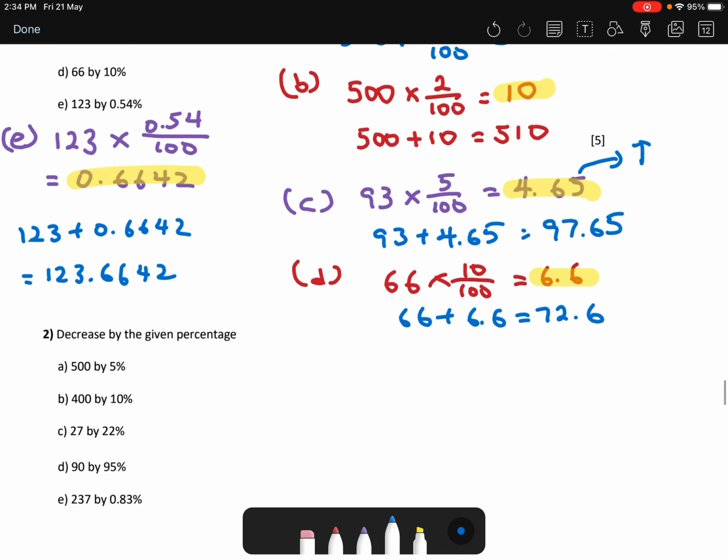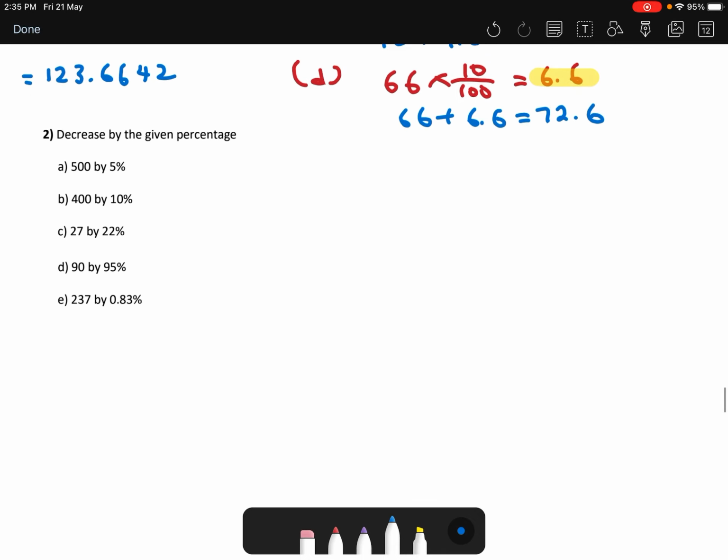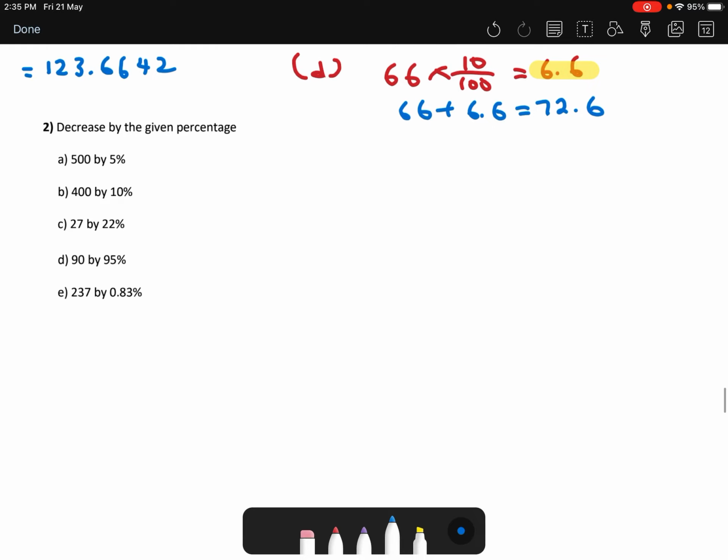Okay, let's move on to number 2, where I have a decrease in the given percentage. Just now I said it's increase, right? Now it's decrease. So I use the first method, but instead of adding, I must minus. So let's do 2A. 500 decreased by 5%.